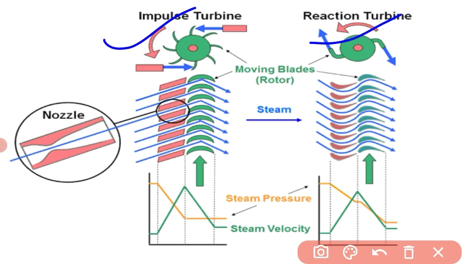Here the steam pressure drops, and steam velocity. When it passes through these blades, it creates the reaction force which rotates the rotor of the turbine.